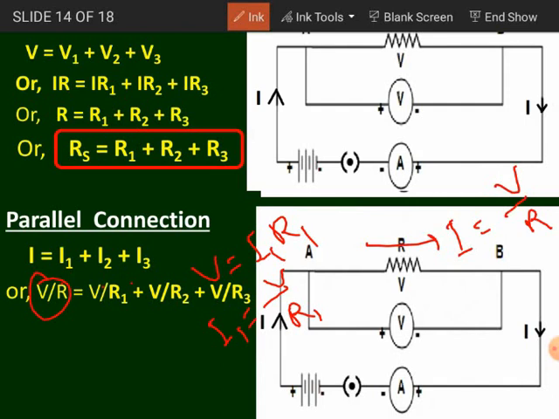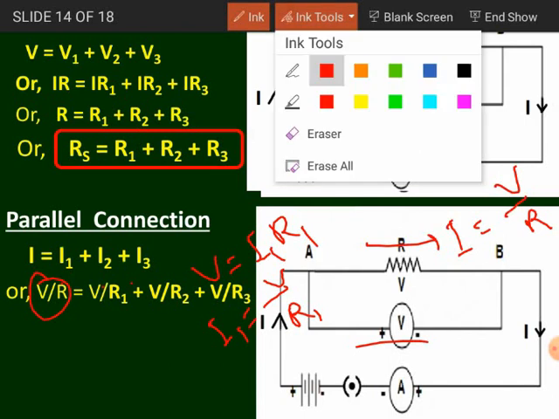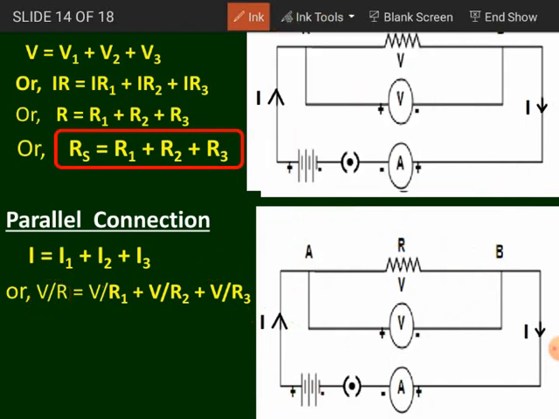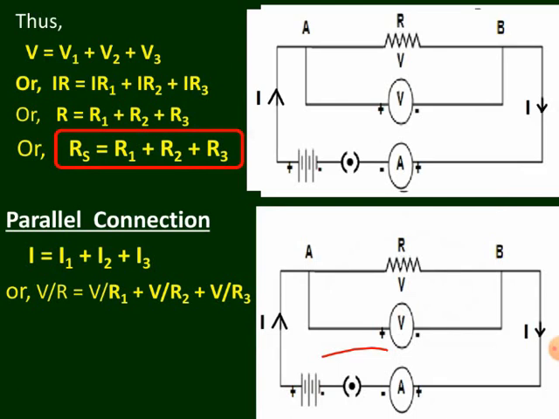Okay. So by cancelling V from both sides of the equation, what do you get? You will get 1 by R is equal to 1 by R1 plus 1 by R2 plus 1 by R3.